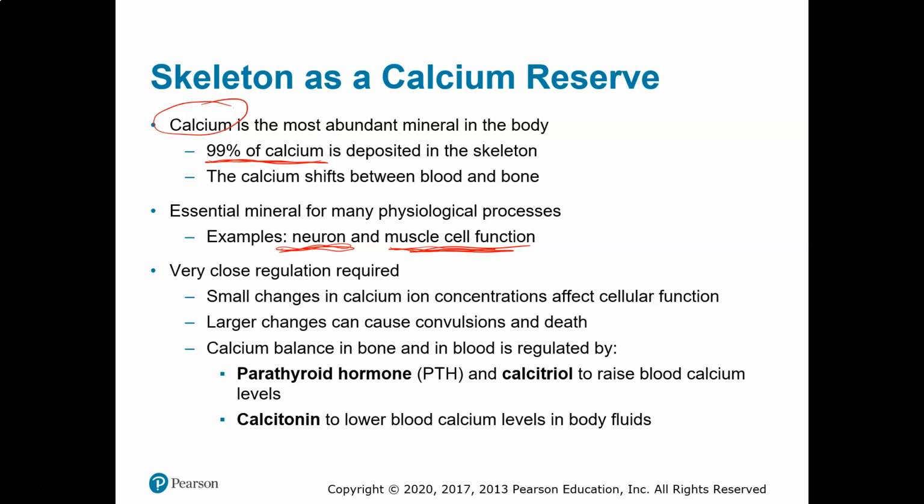But to maintain the level of calcium ions in the blood, these hormones are used. Parathyroid hormone and calcitriol raise blood calcium levels, and calcitonin lowers blood calcium levels. Those are always at work maintaining homeostasis through negative feedback.